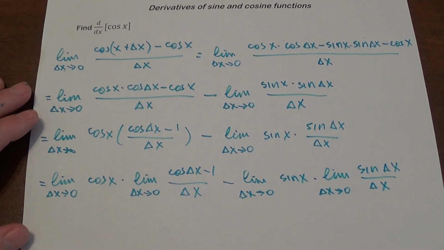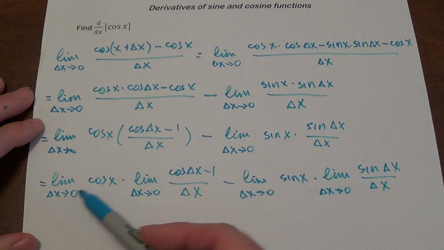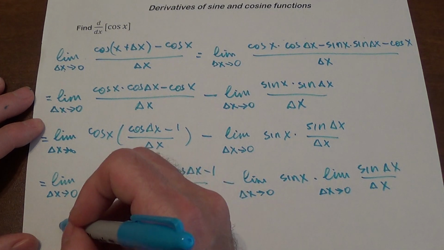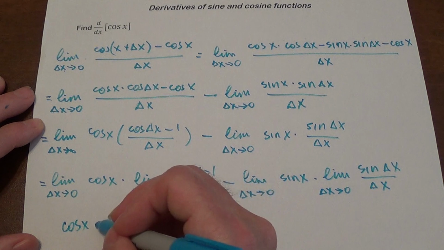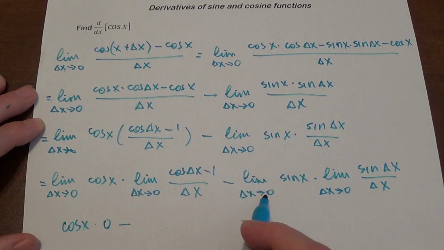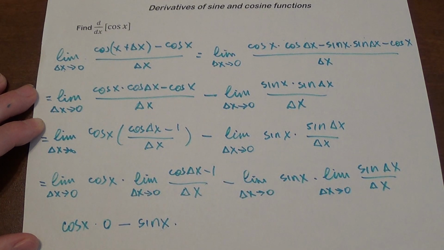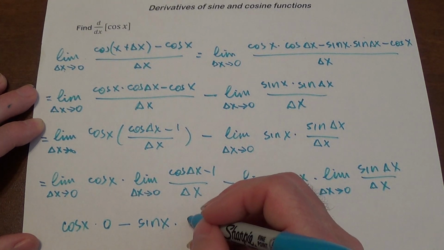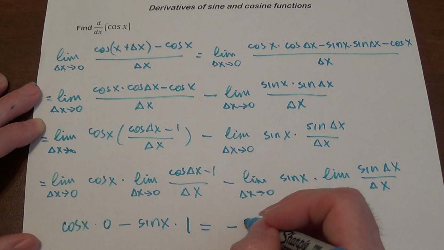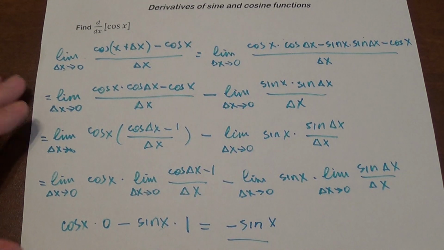And now we're going to take a look at each one. You probably already realized similar things are going to happen. This limit here is just going to give you cosine x. This limit here is going to be 0, minus this limit here is going to give you sine x, and this last limit here is going to give us 1. And the answer is going to be negative sine x. So the derivative of cosine x is negative sine x.